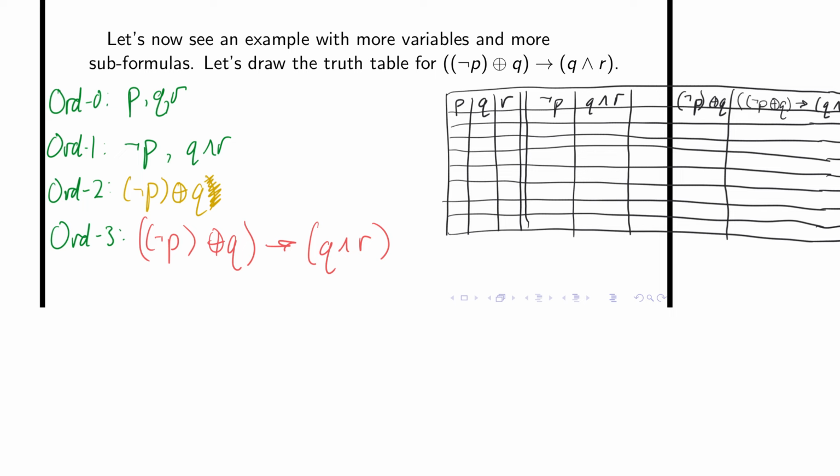That subformula is really the whole proposition, but in any case. Okay, so let's fill some truth values. Half true, half false, and then a quarter and a quarter and a quarter and a quarter, and an eighth and an eighth and an eighth.